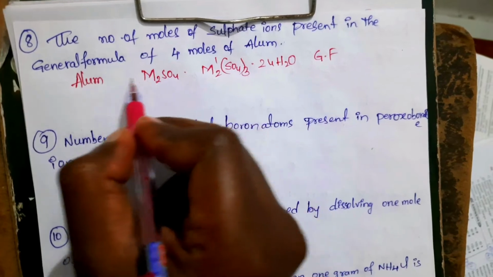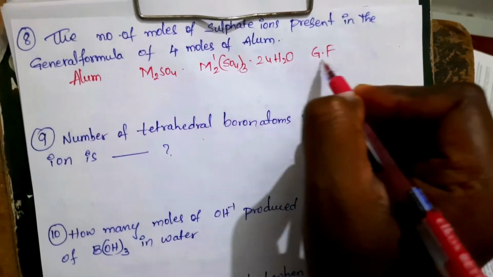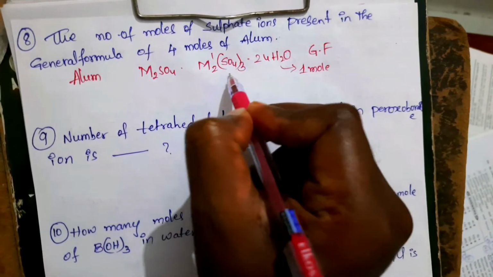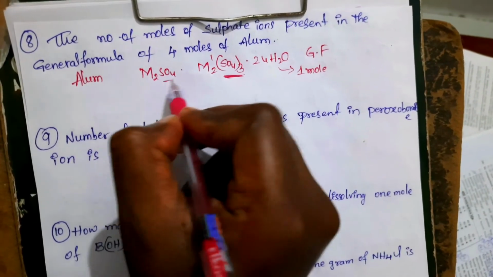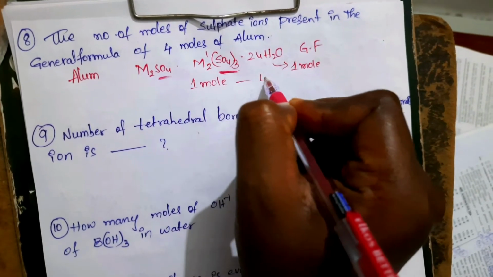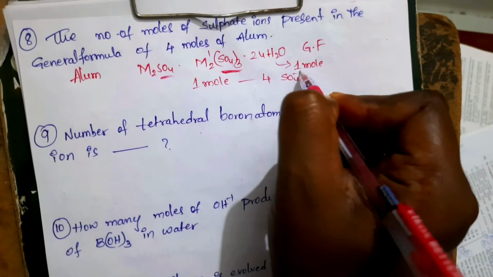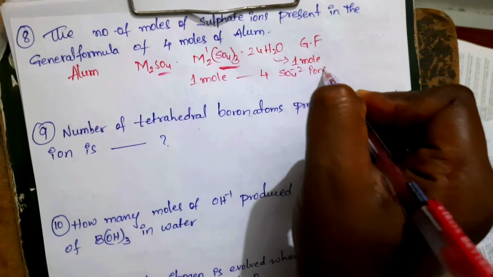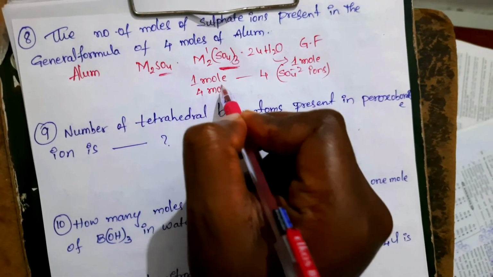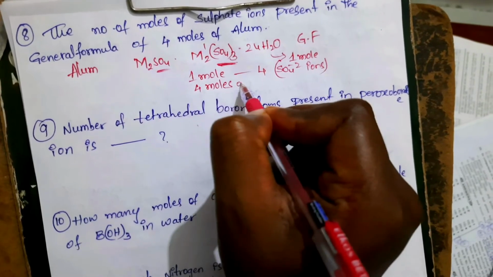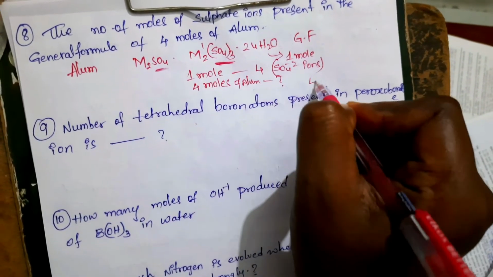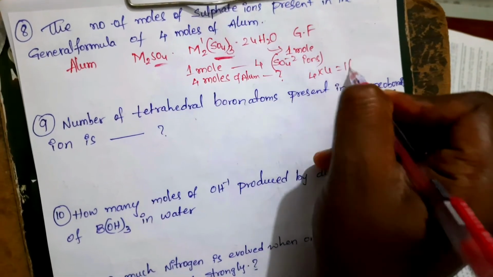In 1 mole of alum, how many sulfate ions are there? 3 here, 1 here. In 1 mole there are 4 sulfate ions, 4 SO4 2- ions. But they are saying 4 moles of alum. 4 moles of alum consist of how many sulfate ions? That is 4 into 4, that is 16.